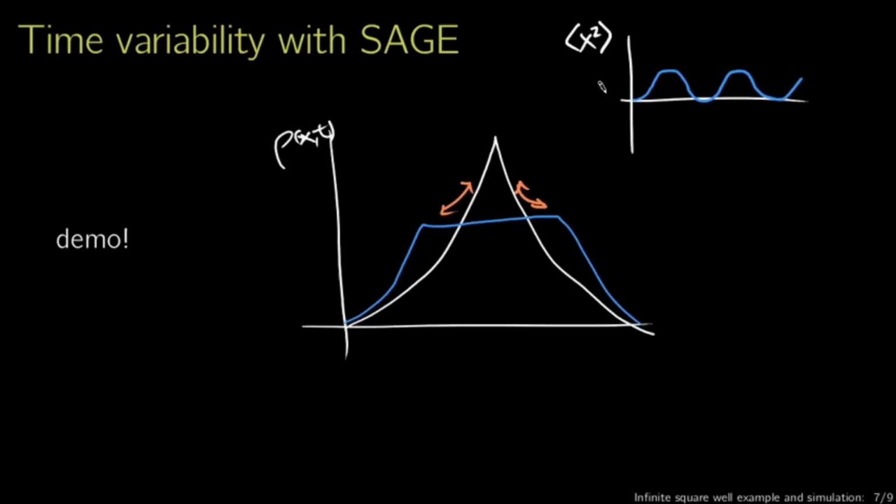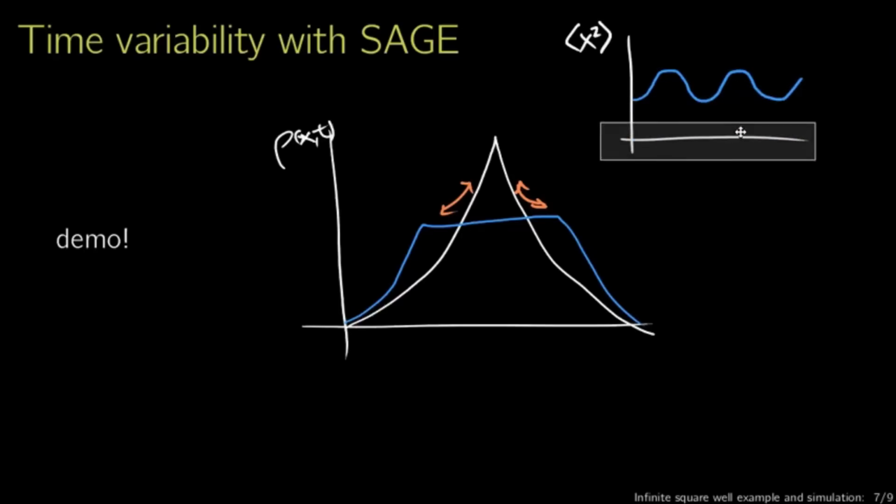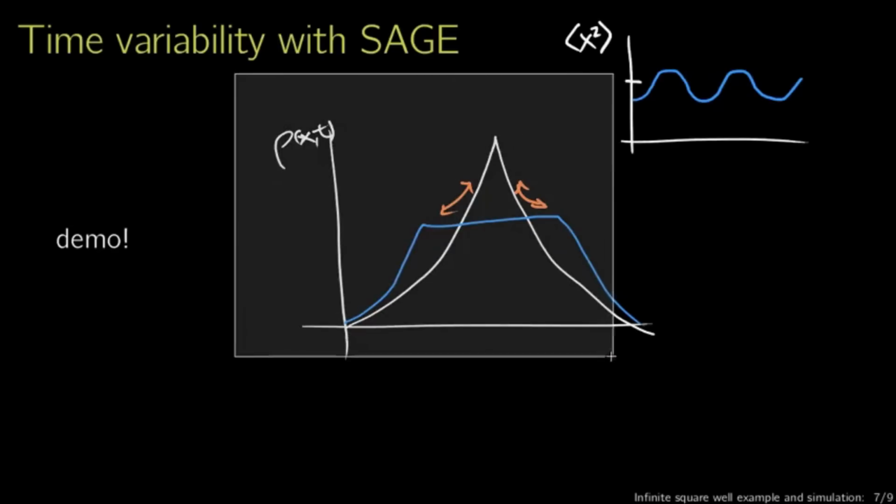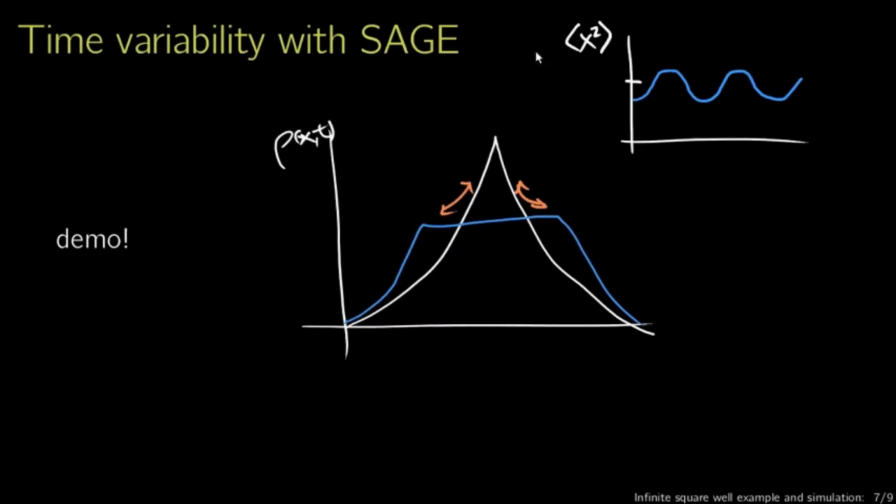Oh, sorry. It didn't oscillate about 0. It oscillated about some larger value. So there's some sort of mean uncertainty here. Sometimes you have less uncertainty, sometimes you have more uncertainty. That's the sort of time dependence you get from quantum mechanical systems.